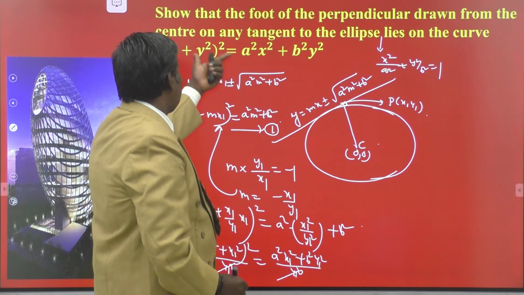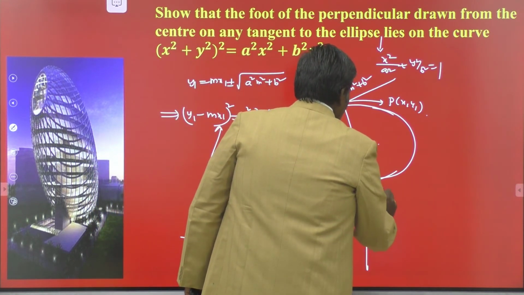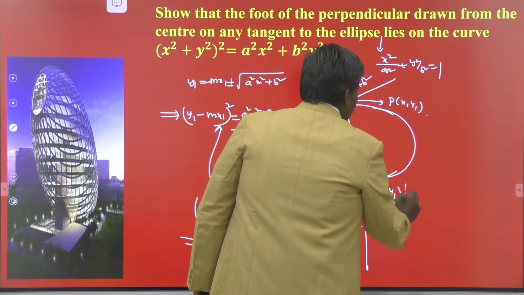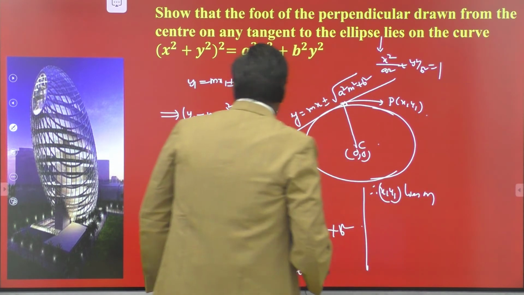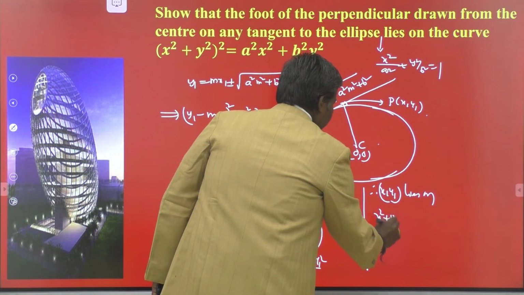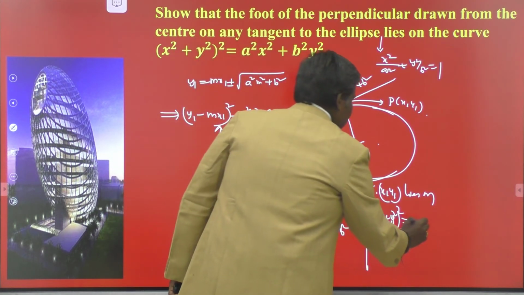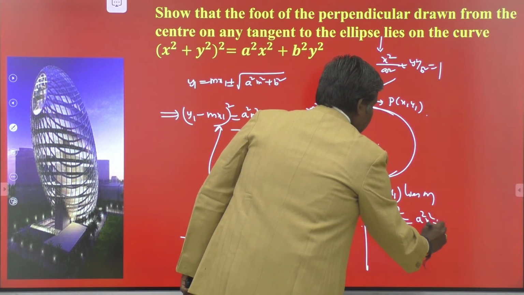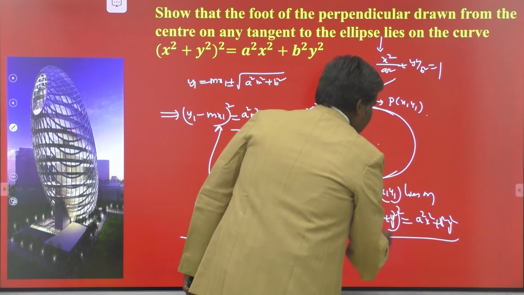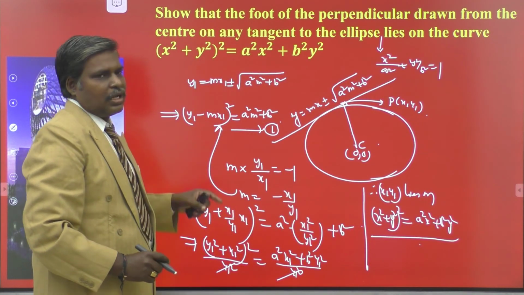Therefore, (x1, y1) lies on that curve or not? Therefore, clearly (x1, y1) lies on (x² + y²)² = a²x² + b²y². Hence the result.